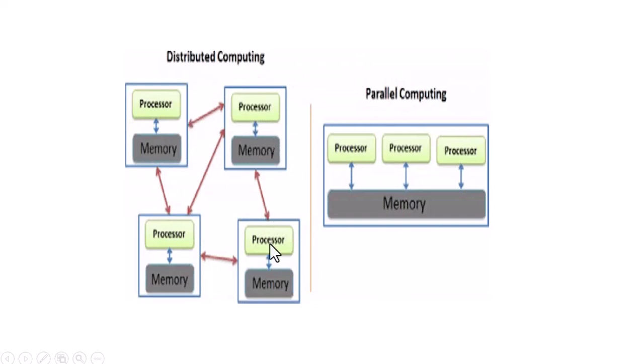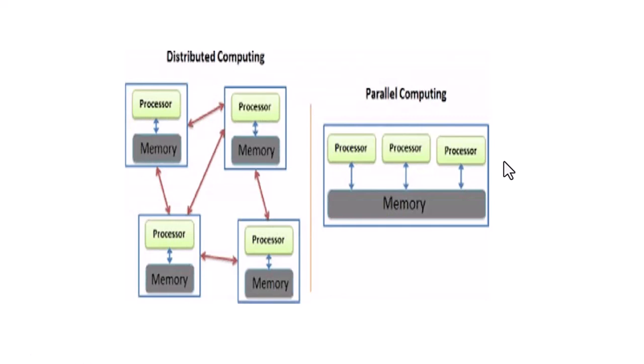So distributed computing and parallel processing are different. In distributed computing, one computer communicates with another computer, and the purpose of all these computers is one goal, and they all work on a single task. But here all the processors can work on the same task by dividing it into subtasks, or can work on different tasks.